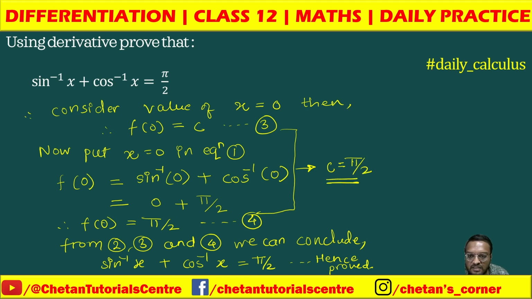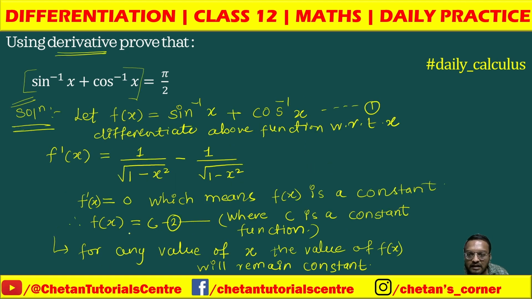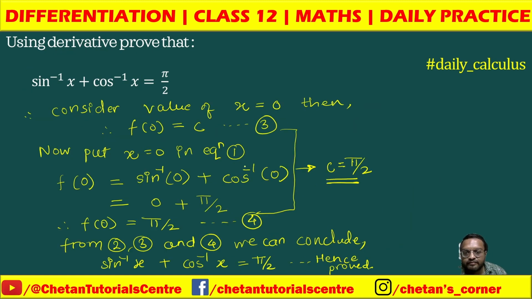But this c is equal to f of x, and the value of f of x is sine inverse of x plus cos inverse of x. Therefore, f of x will also be equal to pi by 2.